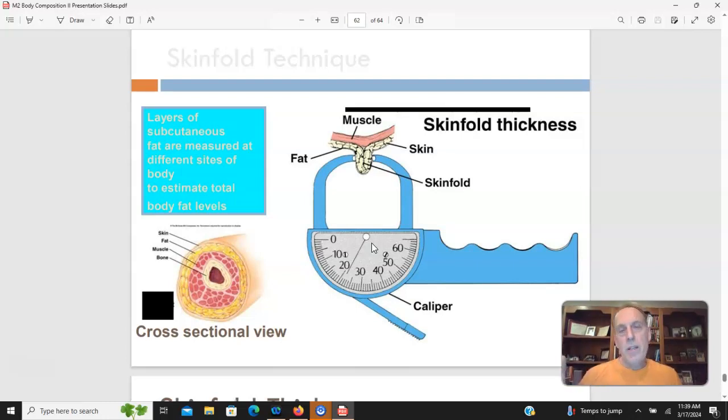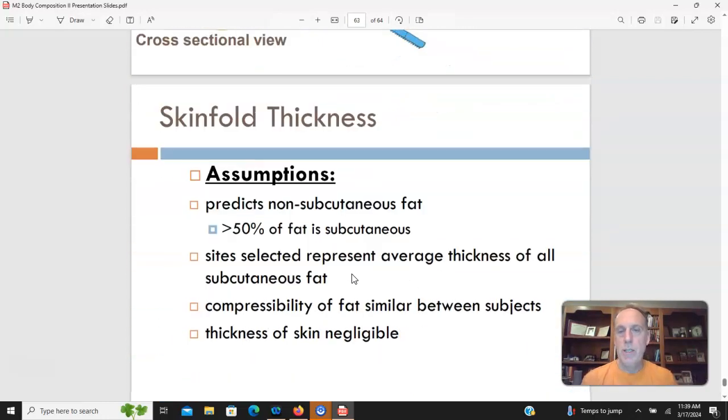In a clinical or classroom setting, if you go on to a 4-year school, you no doubt will be doing skin fold caliper testing and practicing it. You grab the fat, pinch, pinch, pinch, and you measure what the caliper reading is, and you use that in a calculation to determine what the person's body fatness or body composition is.